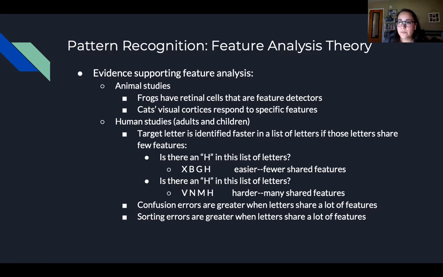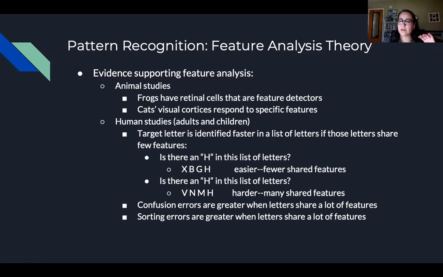Also, as you may remember, electrode recordings from cells in cats' brains show that their neuronal cells in the visual cortex, the area that is in charge of processing vision, respond only to specific features of a stimulus.